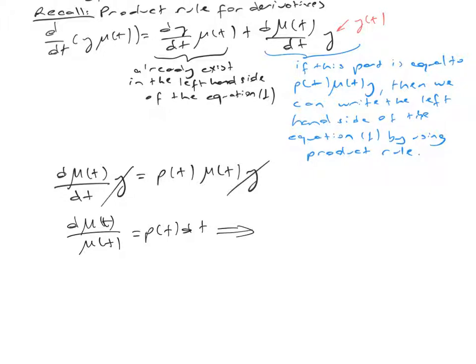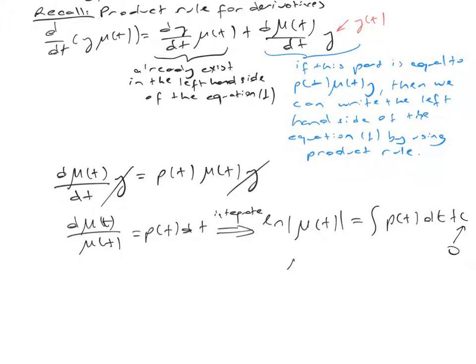And by integrating both sides, we get ln in absolute value mu of t is equal to integral p of t dt plus c. And for the sake of simplicity, we will choose 0 for c.